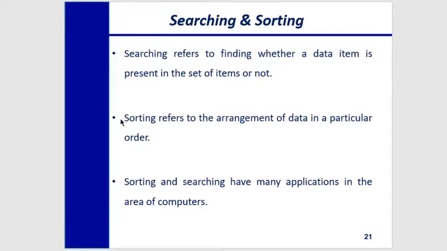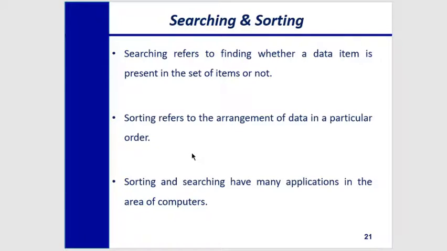Then we go to the next point, that is sorting, which refers to the arrangement of data in a particular order. We just discussed searching, now let's discuss what is meant by sorting. Sorting refers to arranging the data elements of a list or an array in a particular fashion. It can be arranging in ascending order or in descending order. It depends on the user's choice, and sometimes this may be a predetermined factor.